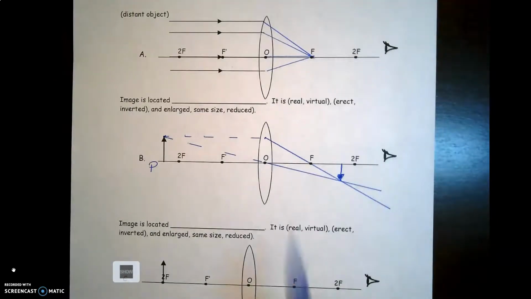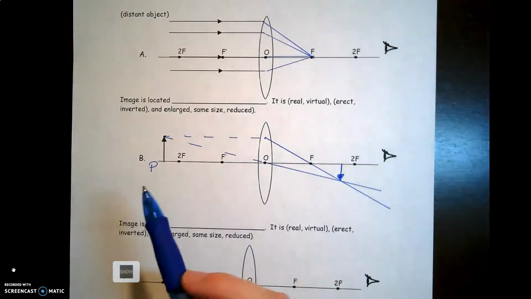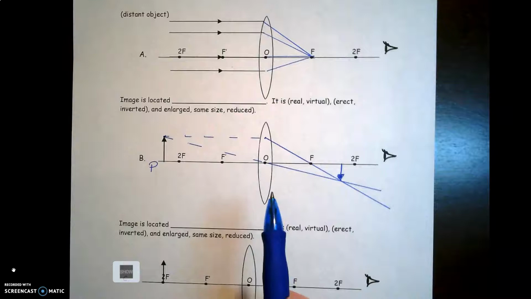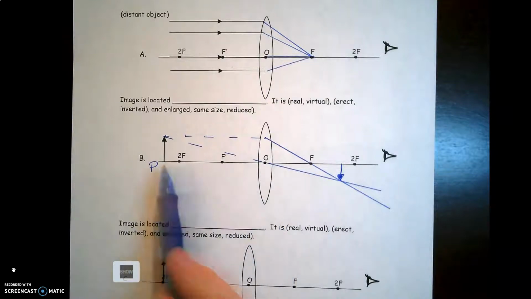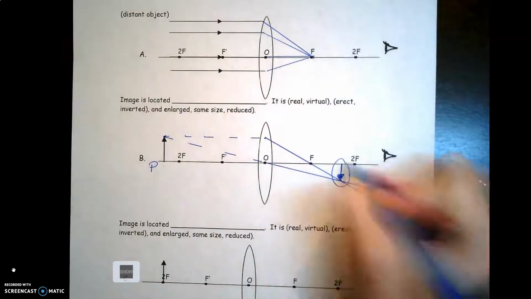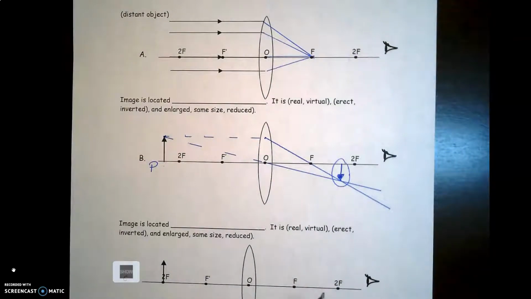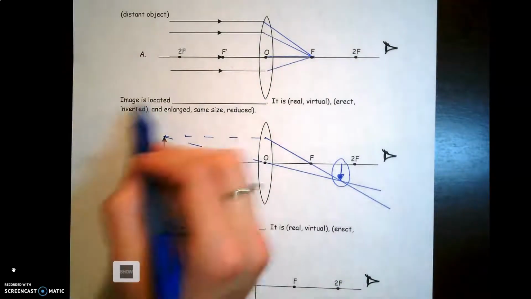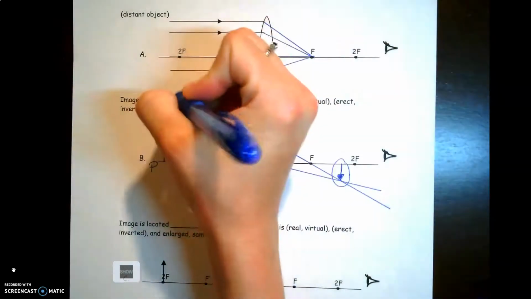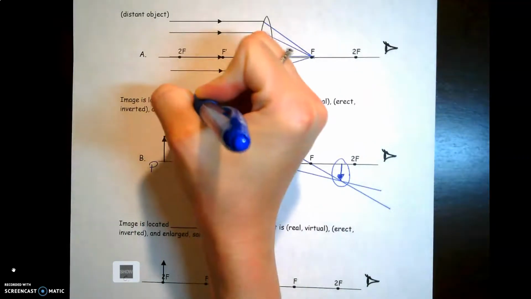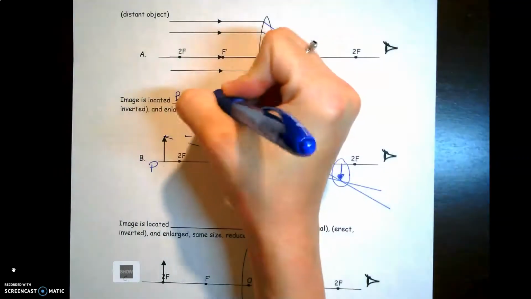And that is what this object would look like in a lens if it was located here. So this is what the image would look like, and we can answer those questions like we did for the mirrors. It is located between F and 2F.